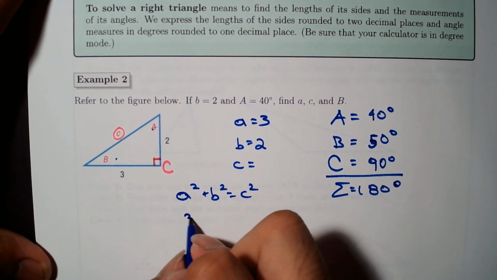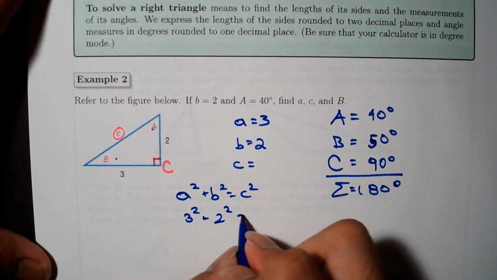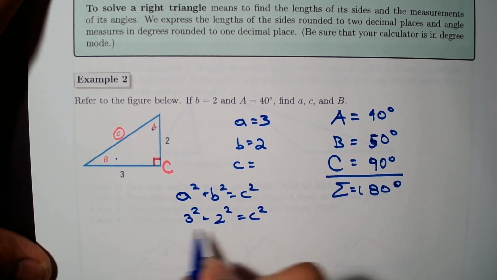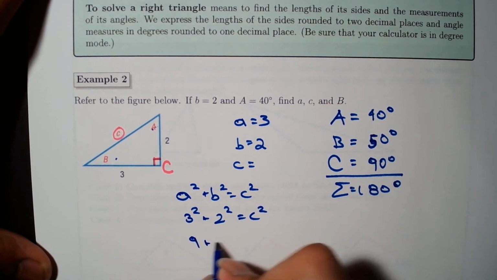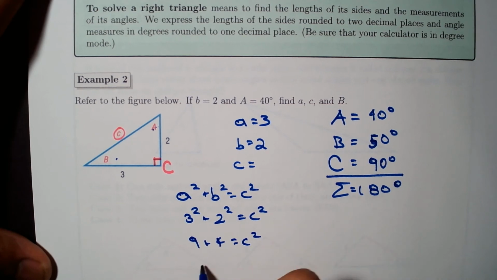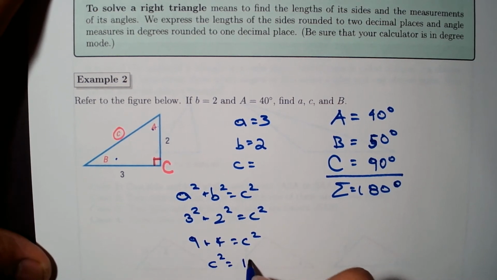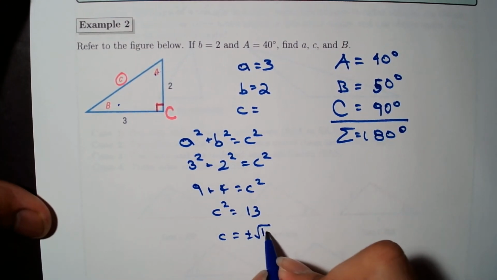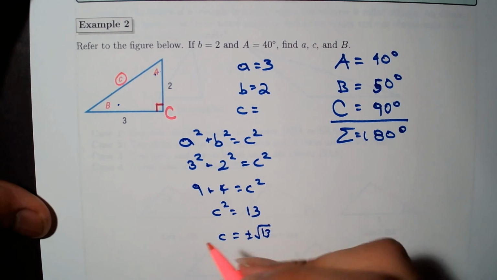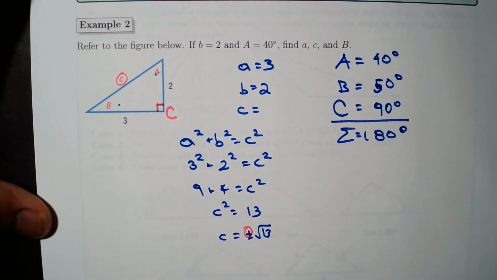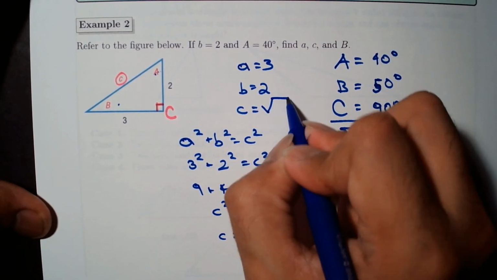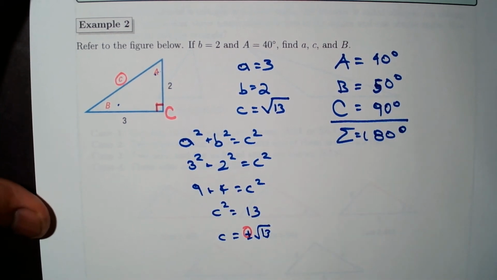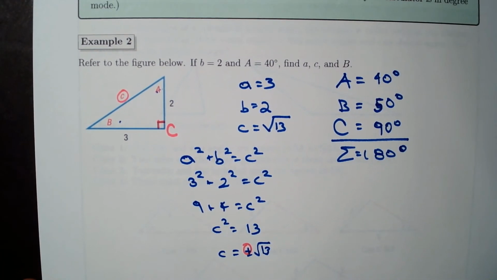So 3 squared plus 2 squared equals c squared. Simplifying, 9 plus 4 equals c squared, so c squared equals 13, and c equals plus or minus the root of 13. But again, we're talking about triangles, so we take the positive solution. And that's what it means to solve a triangle.